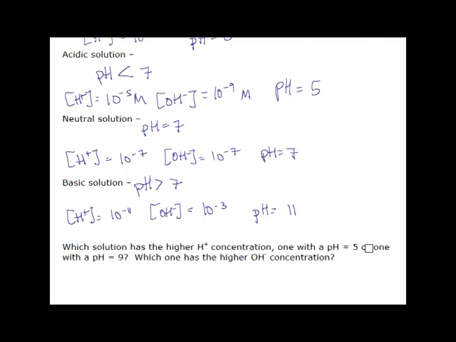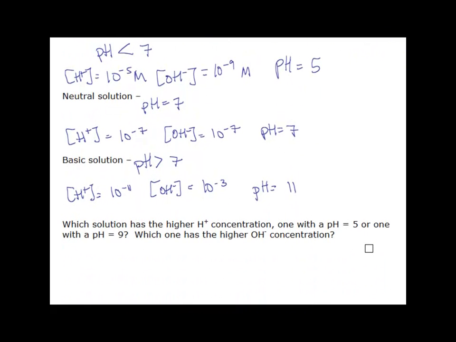Alright, so I have a question for you. Which solution has a higher hydrogen ion concentration? One with a pH of 5 or one with a pH of 9? So, higher hydrogen ion concentration. Let's look at the pHs. pH of 5, pH of 9.